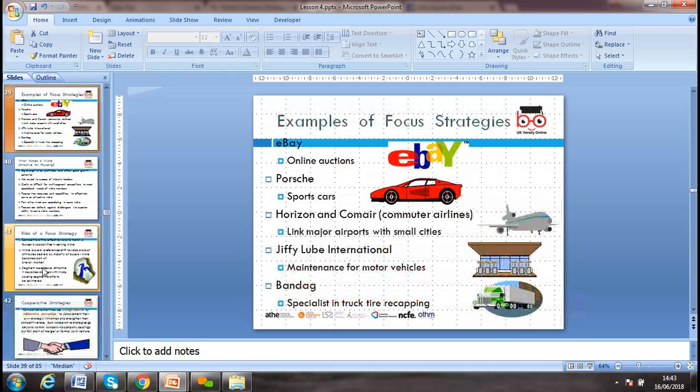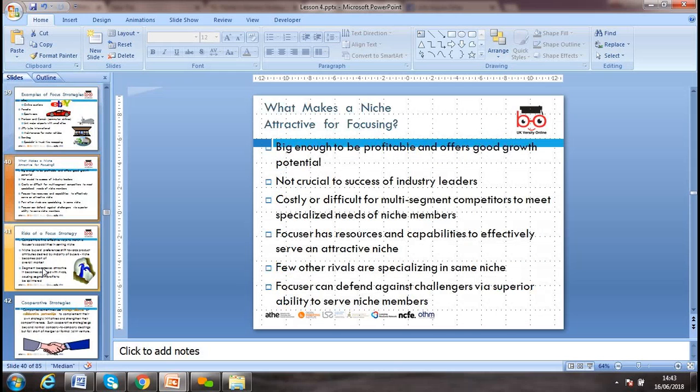Thus we can focus. eBay is an example of a focus strategy: eBay online auction, Porsche sports cars, Horizon, Jiffy Lube International maintaining motor vehicles, a specialist in trucks. So we can look around, they can niche it.